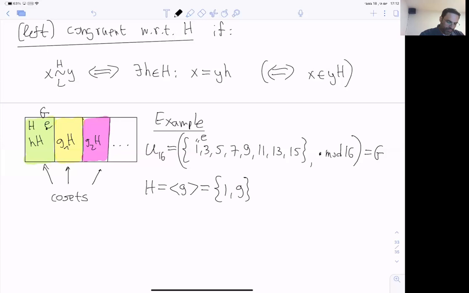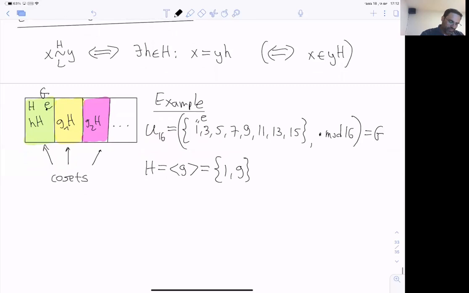Now, let us think about the cosets. So we have H, this is one coset. We're going to call it the trivial coset. And we have, of course, 3H. 3H is actually 3 and 27, but 27 is actually 11.